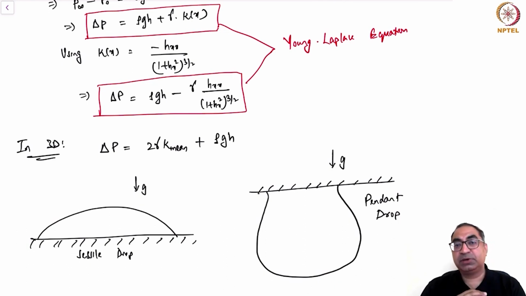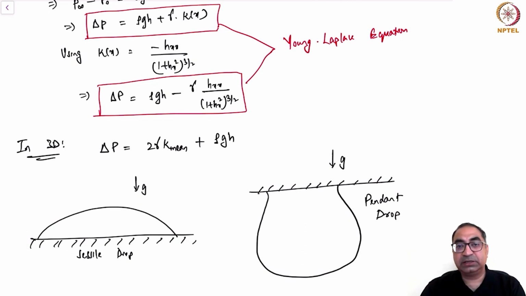But the solution of this equation becomes very important because if I look at this equation, everything is practically known. Once I know the height of the droplet, I know the value of gravity and the density. I can determine the second term. I can measure the first term. The only thing that is unknown in a typical problem like this in a surface tension measurement is the value of gamma.